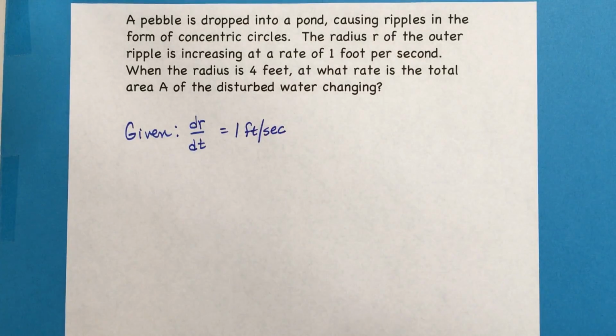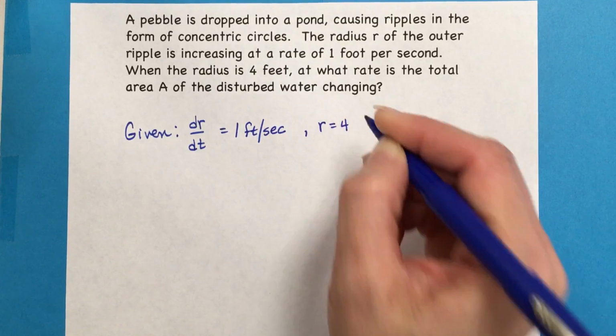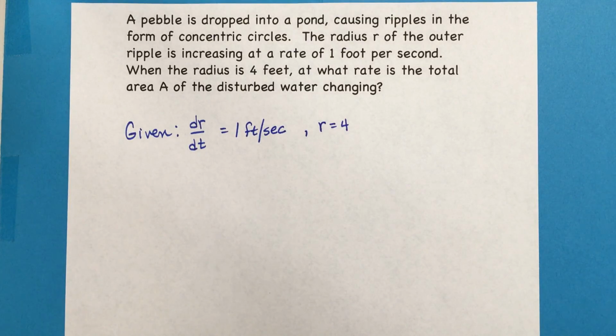Now the other piece of information that I have is that the radius is 4. And again, the radius is not 4 all of the time. It's just at that particular moment, when the radius finally reaches 4 feet, what is the rate of change of the area at that particular time?